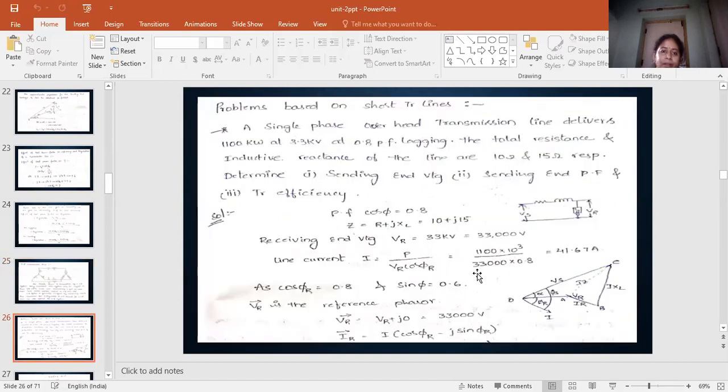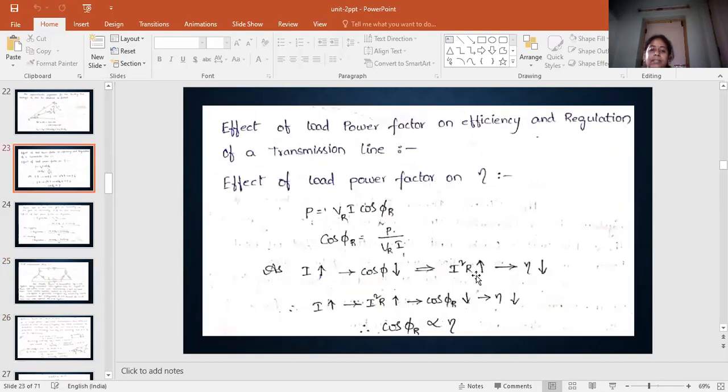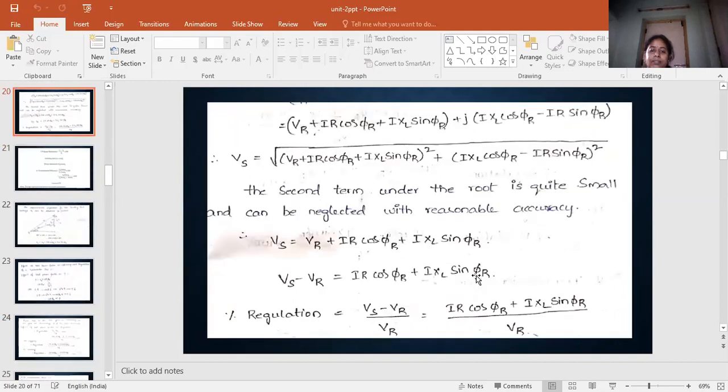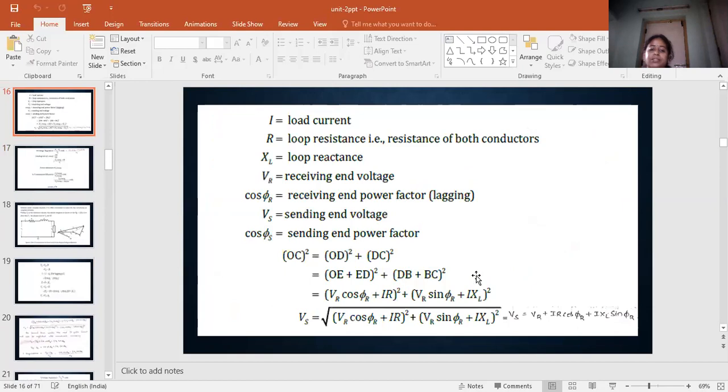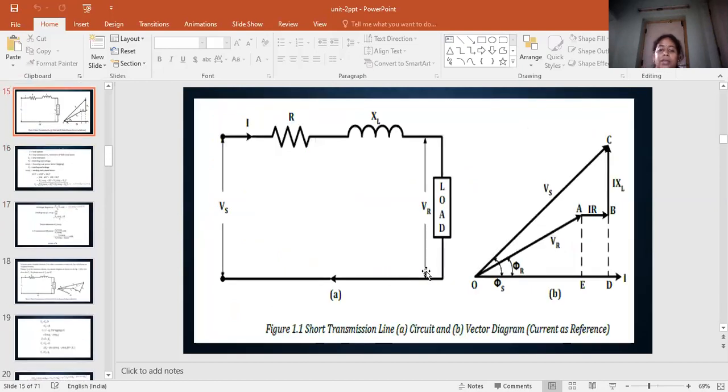And next, the problems will be discussed in the next class. Once more I will repeat that for the short transmission lines, percentage of regulation, depending on the phasor diagram, we can write the equations. Here OD equal to OE plus ED, and OCD is nothing but a right angle triangle.